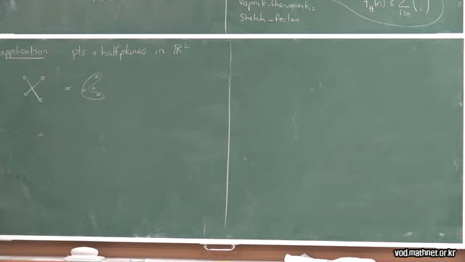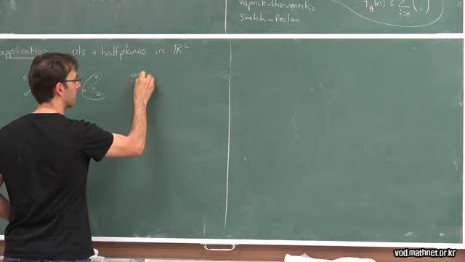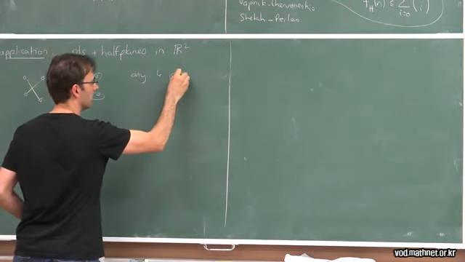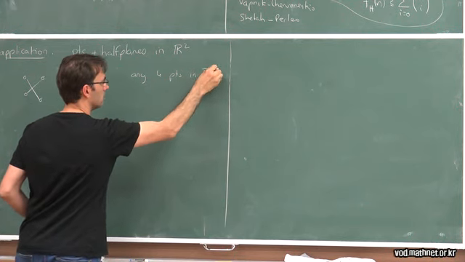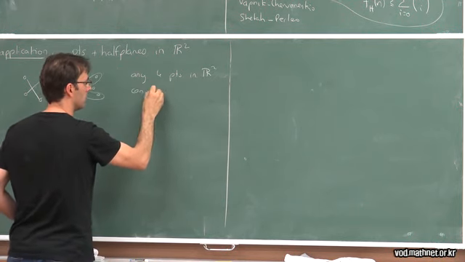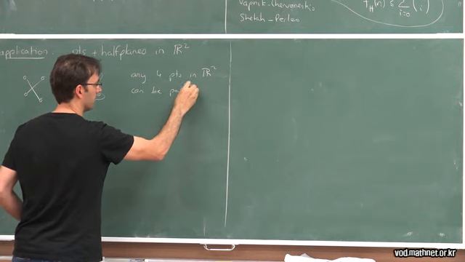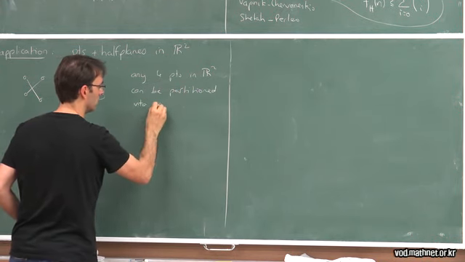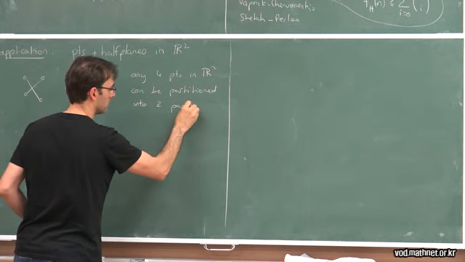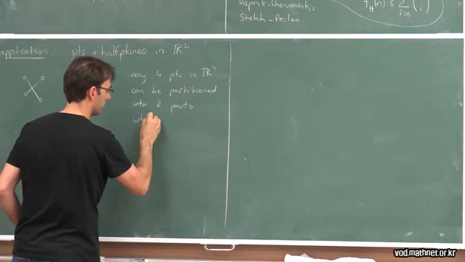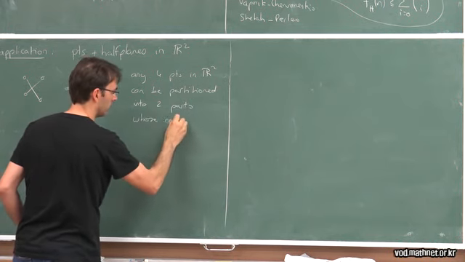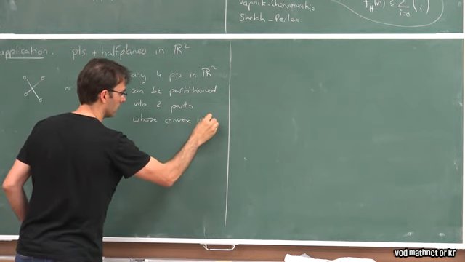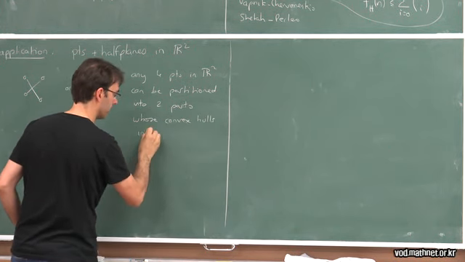That whose convex hulls all intersect. And 4 points in R2 can be partitioned into 2 parts whose convex hulls all intersect.